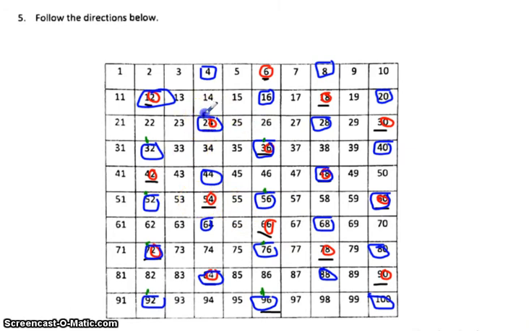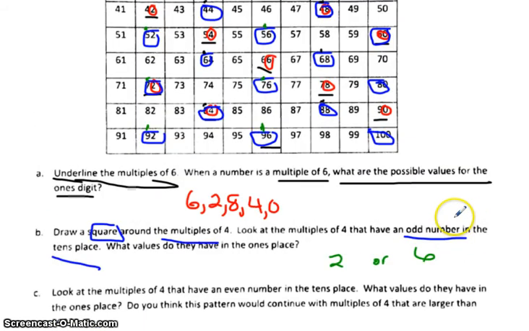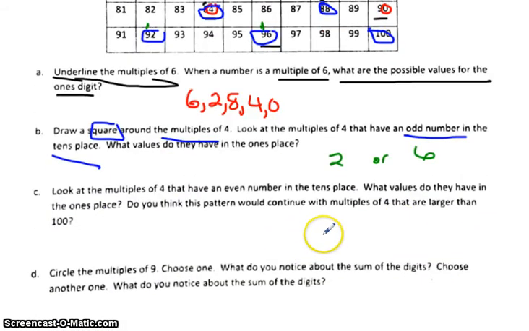There's an even number there, and an even number here, and an even number here. And it's the same pattern. So if it has an even number in the tens place, then it's going to have 4 or 8 in the ones place.